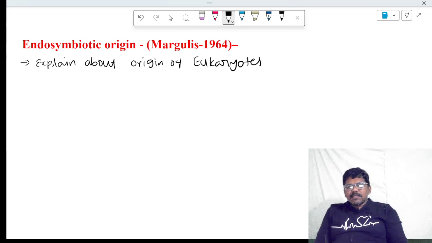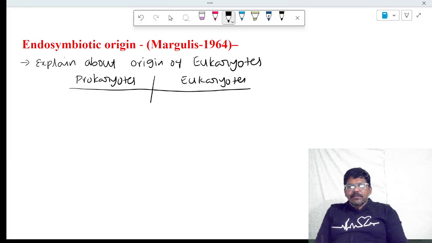First, let's see what the difference is between prokaryotes and eukaryotes. The main difference: in prokaryotes, the nuclear membrane is absent around the nucleus.